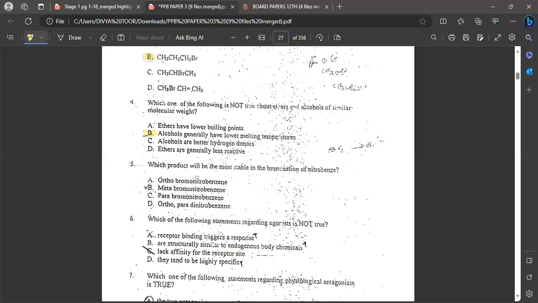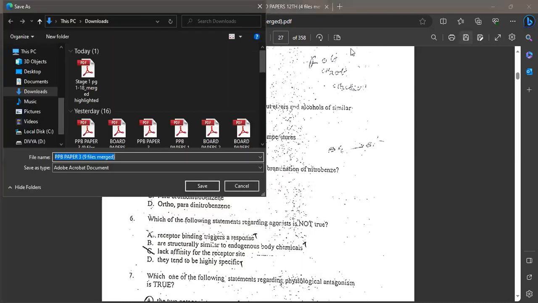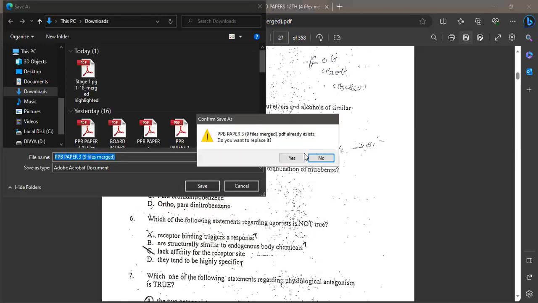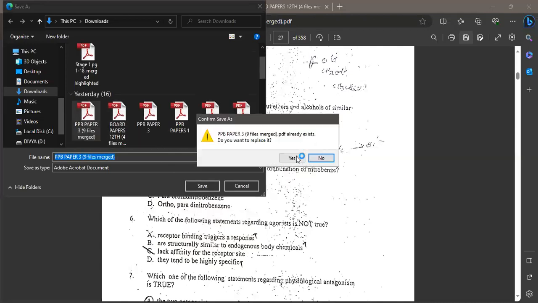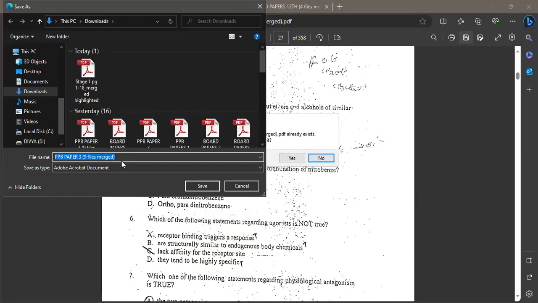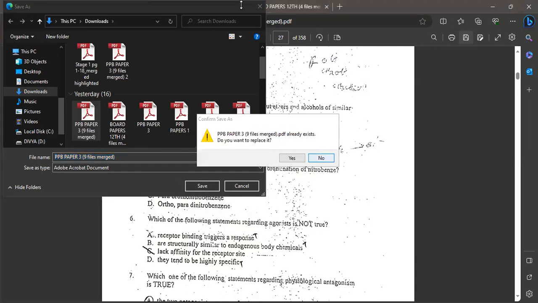I would go for D, but I'm not sure. There's something to do with resonance structures: when you're drawing resonance structures for ortho and para, they have more resonance structures, making them more stable compared to meta. So ortho and para are more stable compared to meta products.